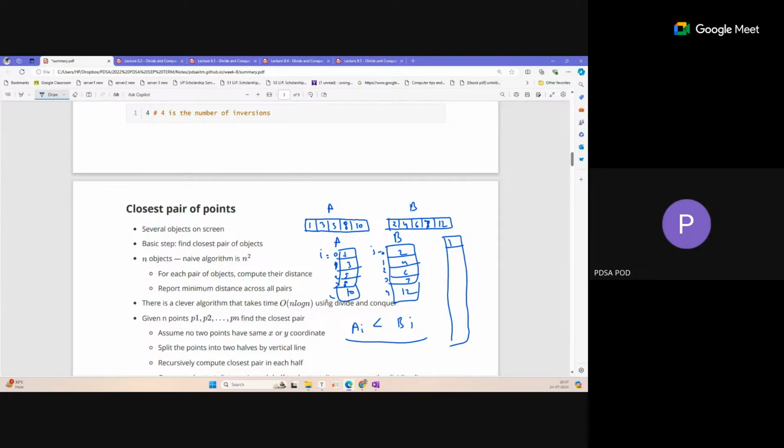Because our merge sort algorithm divides like this, the A part comes before the B part when we are merging. So if the element of A is smaller than the element of B, the elements are in the correct order. That means the left side element is smaller than the right side element, so this is in the correct order, not in reverse order. So we will not check anything, and we will simply perform our merging and shift our element here.